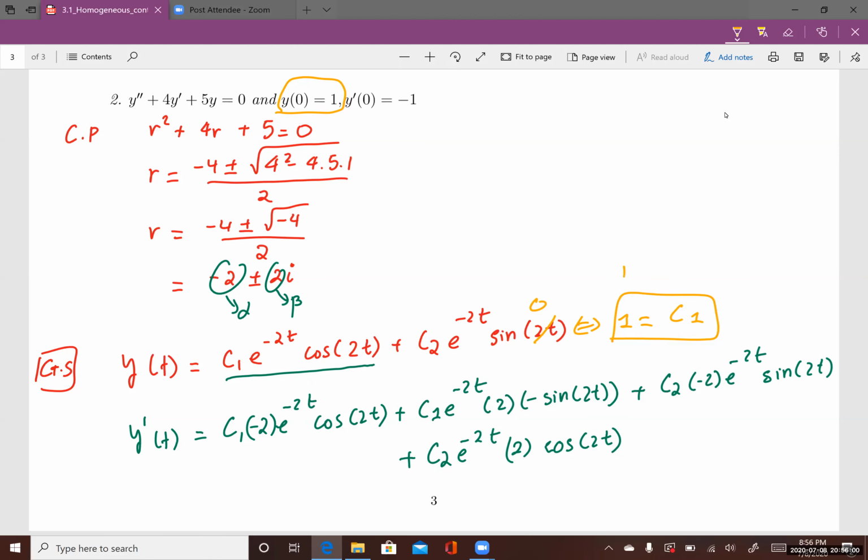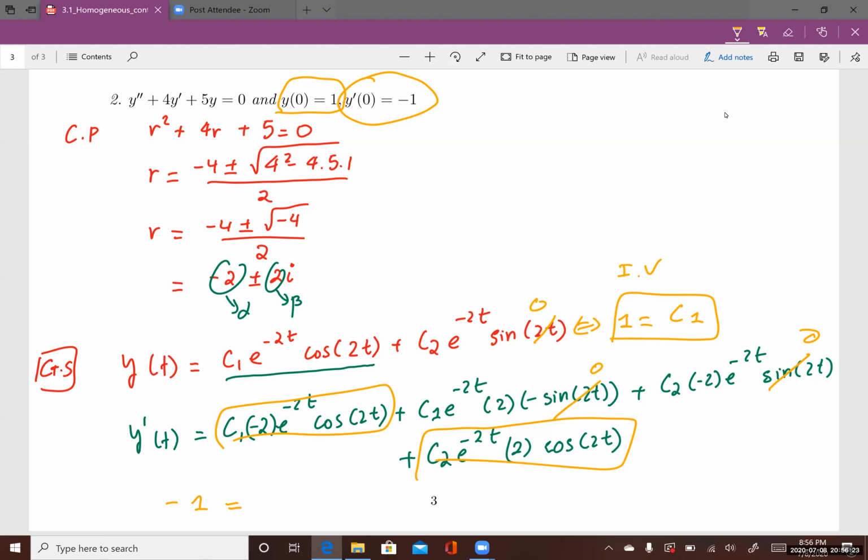So this is using the initial value, right? Using the initial value on the first derivative function here, again, I have 0 and negative 1. So I would have negative 1 on this side equals, so if I plug 0 into sine, this is going to be 0, this is going to be 0. I only have two terms left.